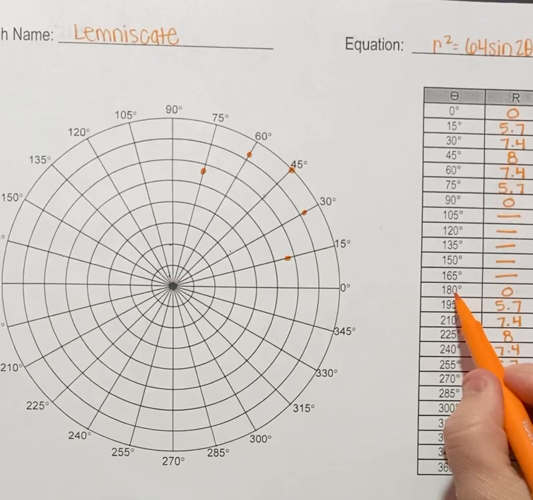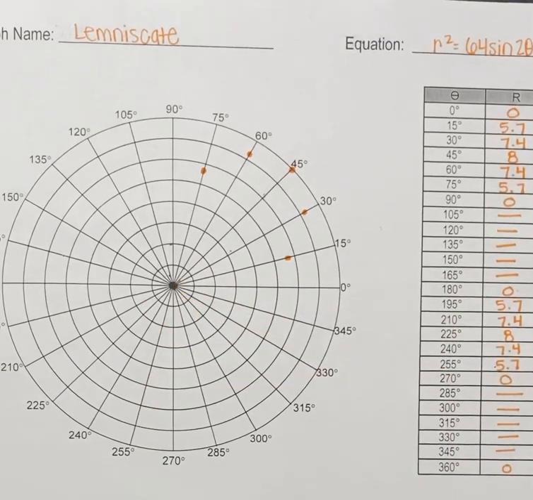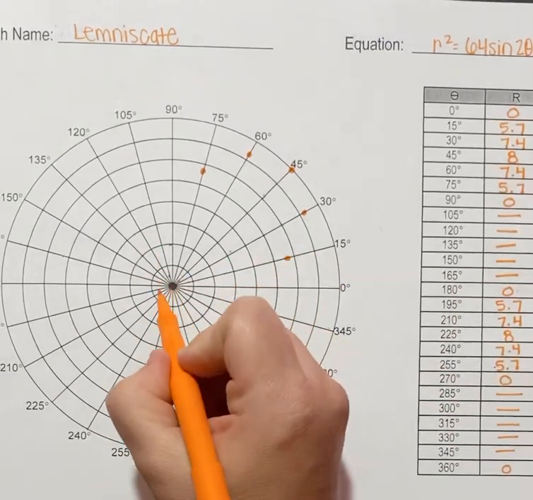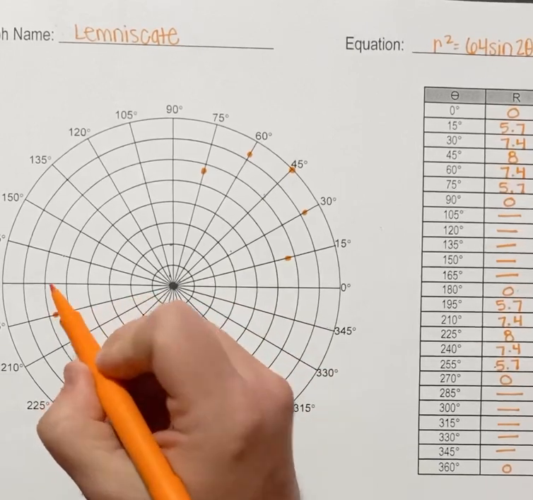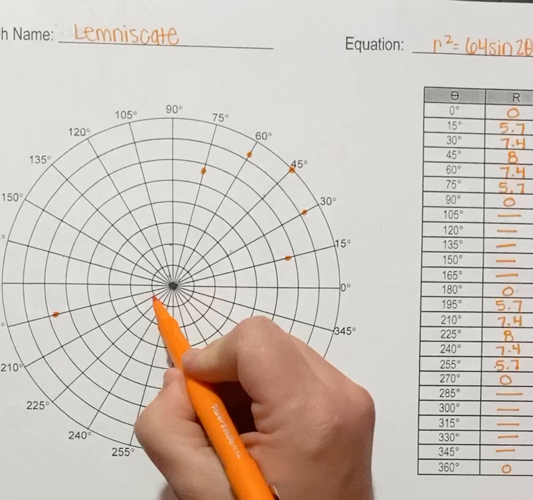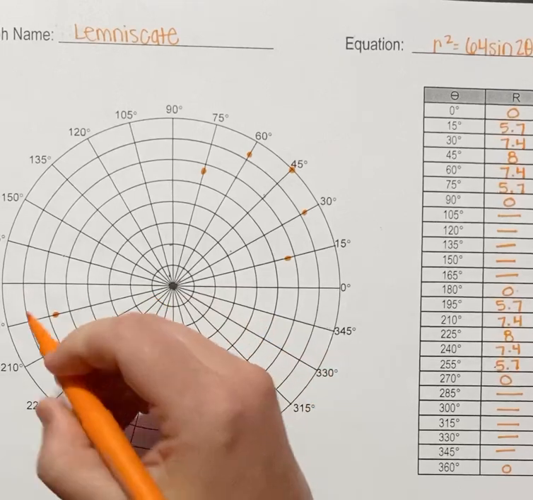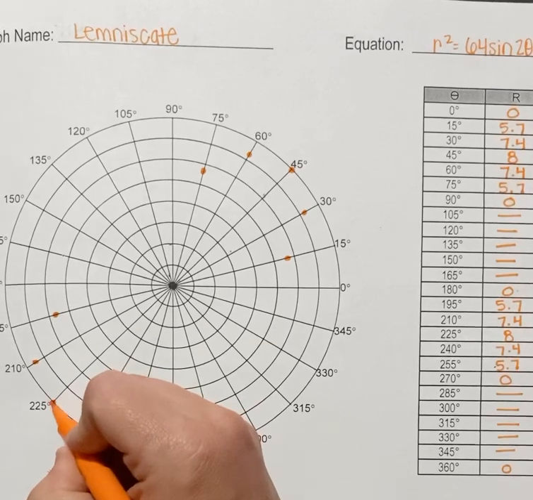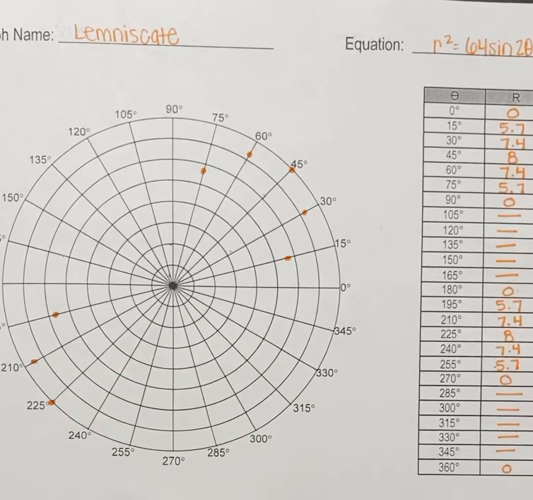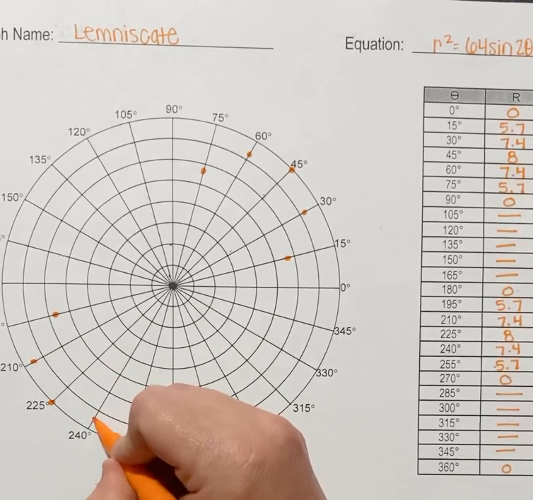Now the next one we're starting at is 180, 0. So here's 180, 0. 195, we're going out to 5.7. Close to 6 there. At 210, we're at 7.4. And at 225, we're all the way at the end right there, which is that 8. At 240, we're back to that 7.4.